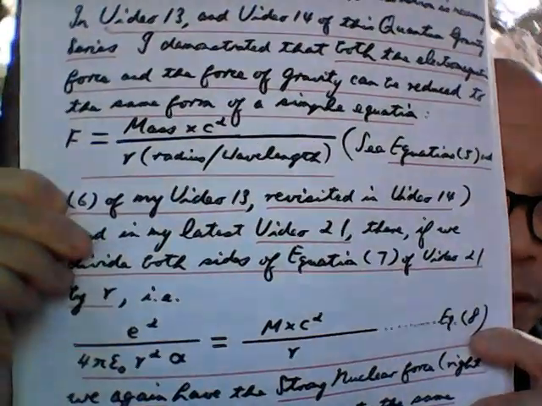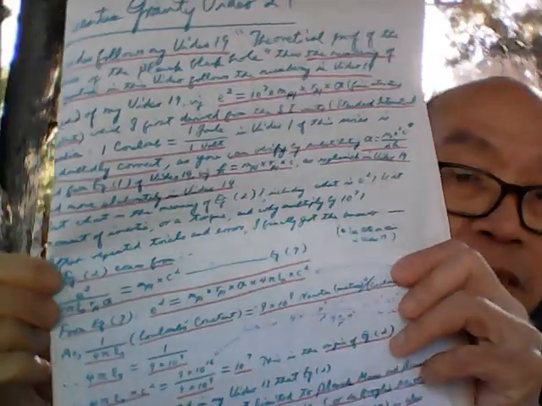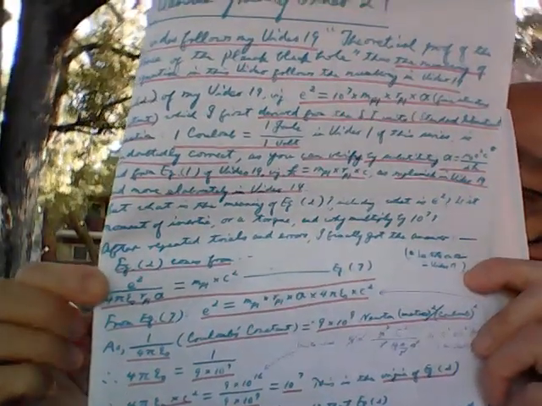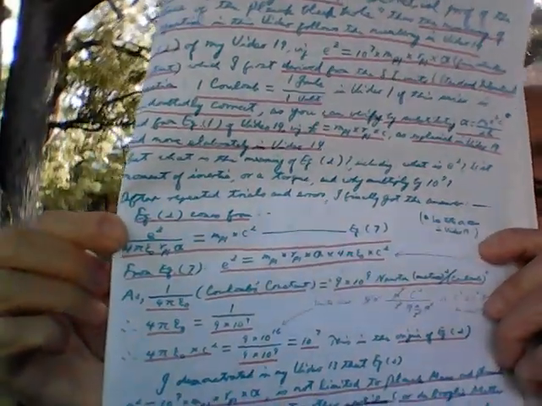This is my video 22, and the reason is that equation 7, which is video 21, if divided by a quantum radius, becomes an equation of force. Equation 7. If we divide both sides by the quantum radius, it becomes an equation of force.